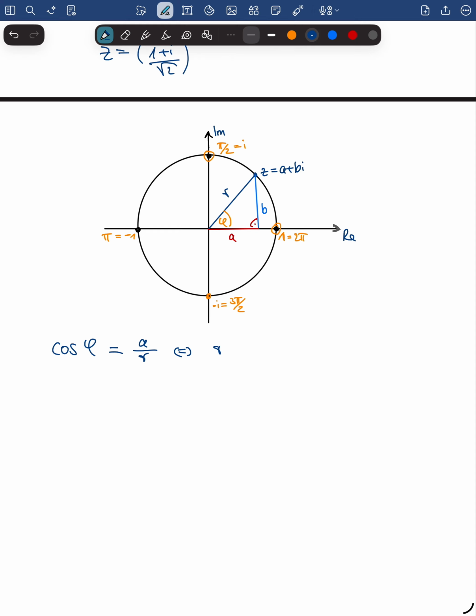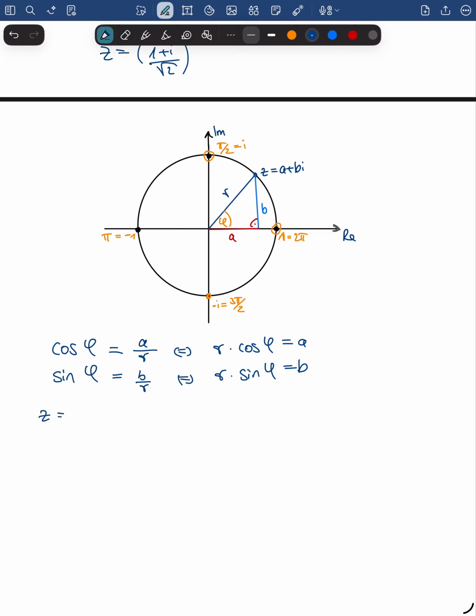We can rewrite this as r times the cosine of phi equals a. In a similar fashion, the sine of phi is nothing more than b divided by r, so we can write r times the sine of phi equals b.